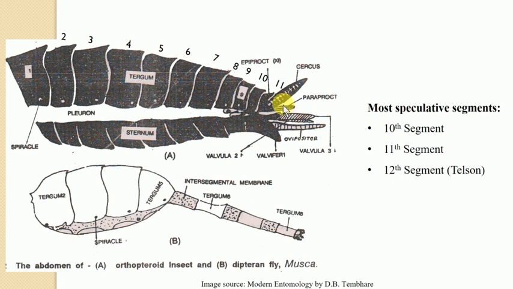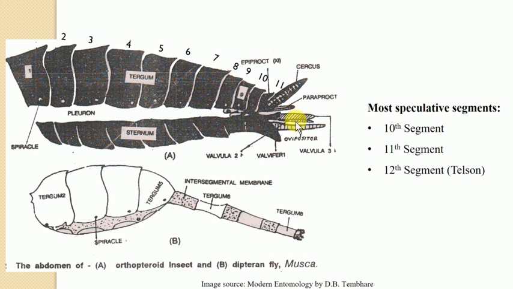Again, the presence of epiproct and paraproct greatly differs among different groups of insects. Now, Snodgrass in 1935, however, is of the opinion that this epiproct and paraproct, which are shown in the diagram here, are structures that belong to the 11th segment and not the 12th segment, while some workers consider these structures to belong to the 10th segment.